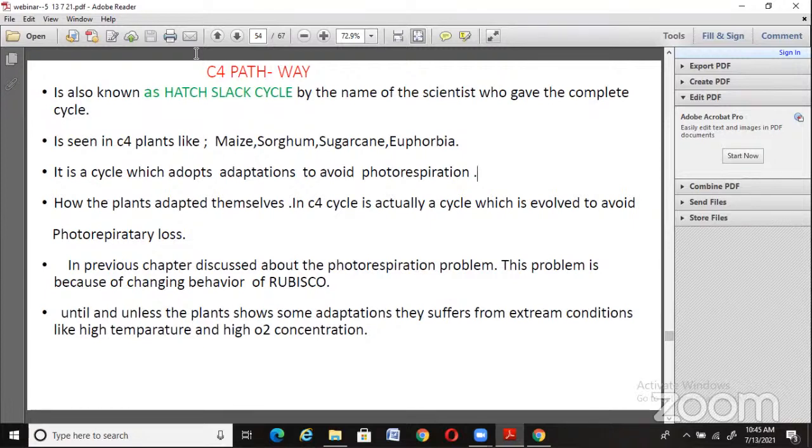So what should plants do? By showing some adaptations, plants like maize, sorghum, sugarcane show some changes in their anatomy, and by showing those anatomical changes, they escape from photorespiration.